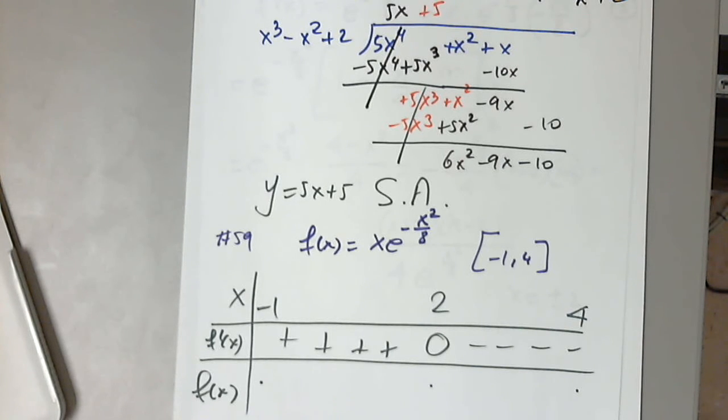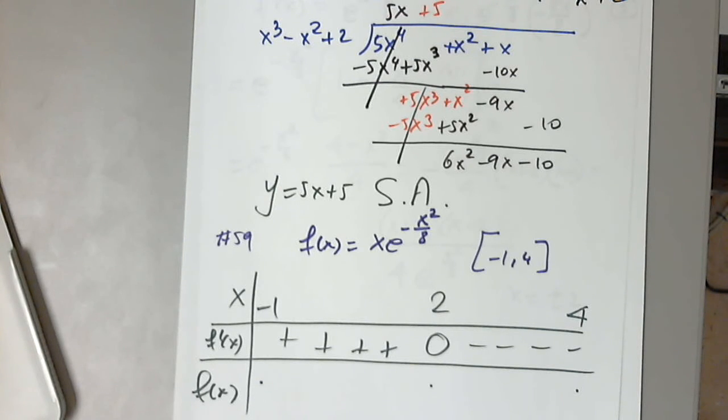So let's plug in the function in y equals x e to the negative x squared divided by 8. And now I want a second table. And I want -1. I want 2. And I want 4.